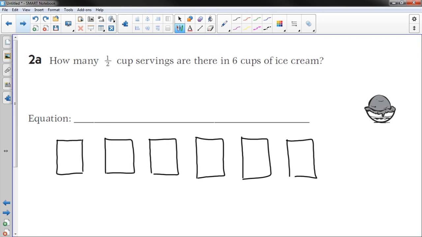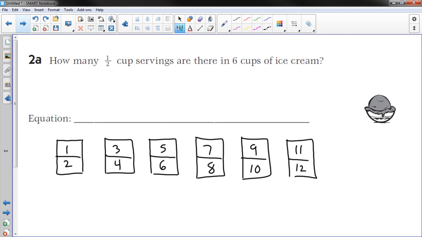And cut them all in half. And then how many are there? 1, 2, 3, 4, 5, 6, 7, 8, 9, 10, 11, 12. There's 12.